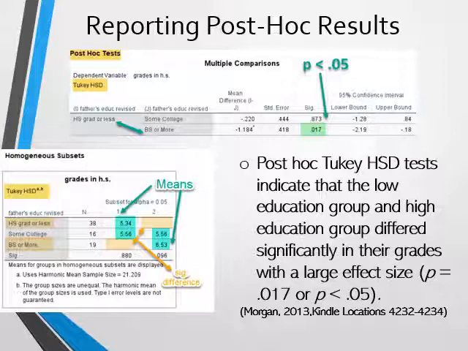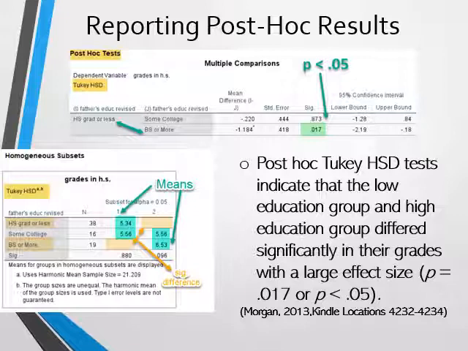Likewise, when you compare some college to bachelor's degree or more, their means are not significantly different. However, you see that high school grad or less, low education, compared to a bachelor's degree or more, high education, there is a significant difference.